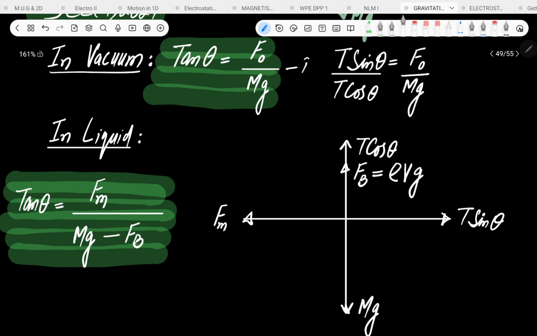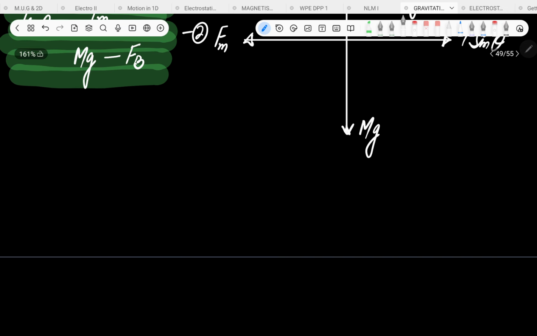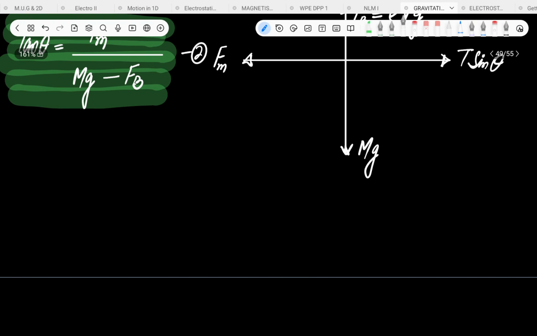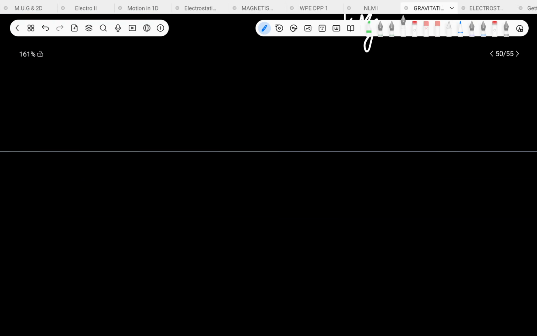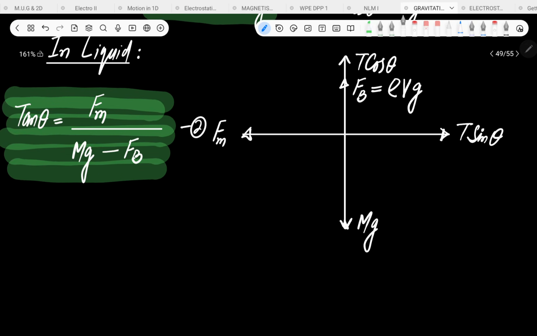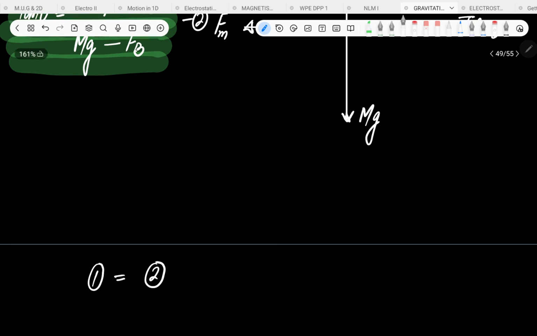Let me write this is equation number first, and this is equation number second. Easily I can say that equation number first is equal to equation number second, because their LHS is the same, so the RHS has to be the same.